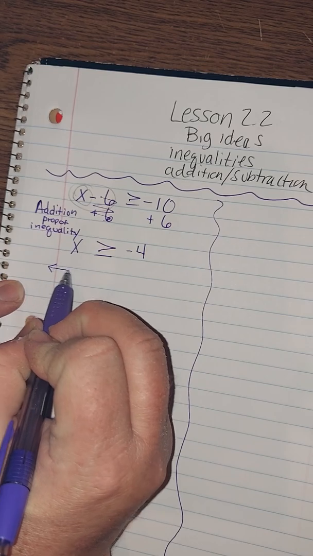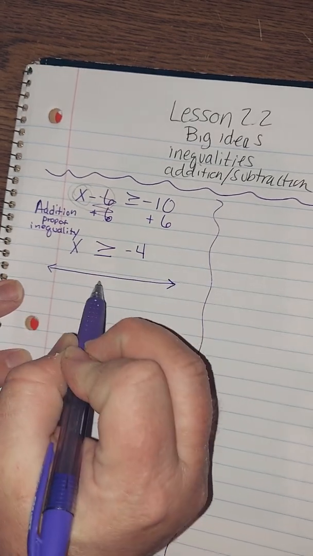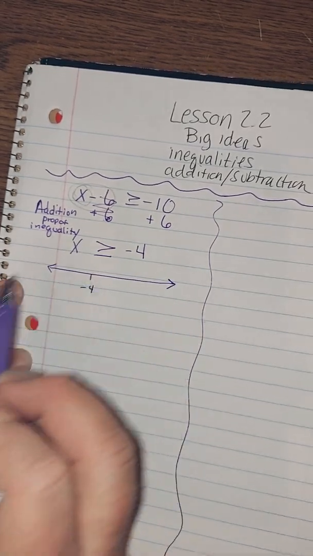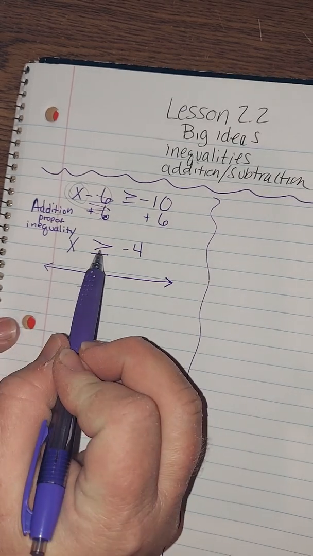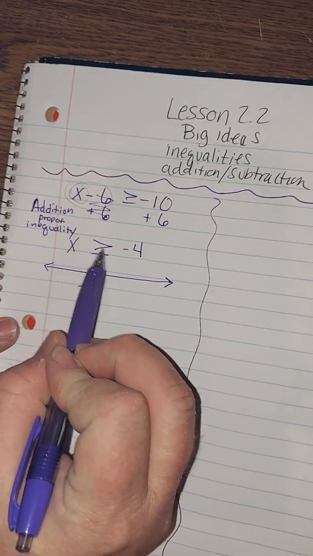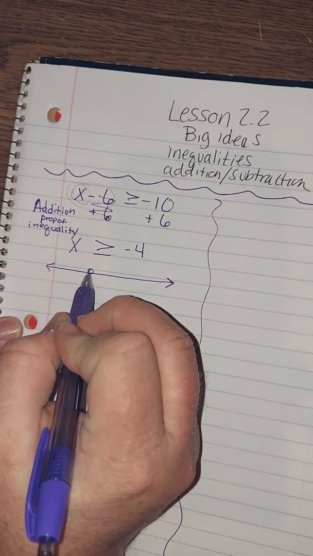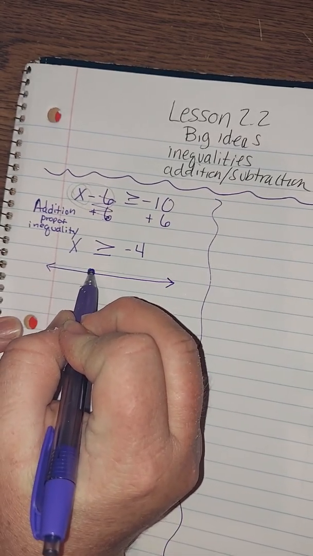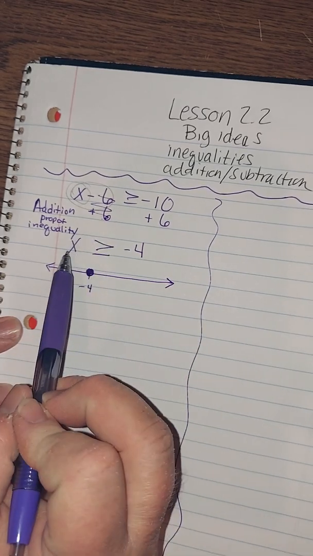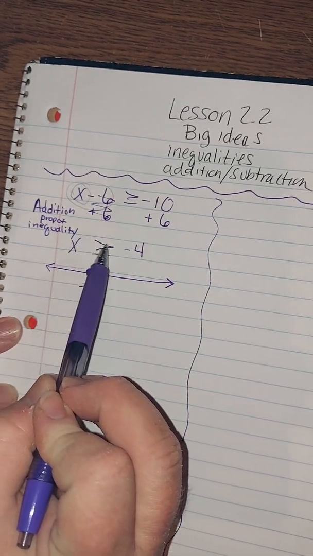So now it's time to graph the inequality. Here I am at a negative 4. Now, do you remember this? This is a sign underneath, so open or closed? You're right, it's closed because it's equal to. Now let's read this from the variable. X is greater.